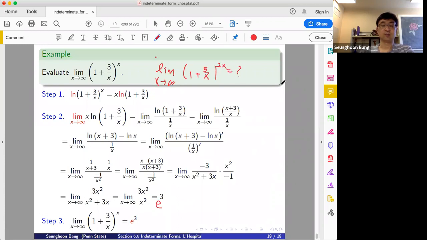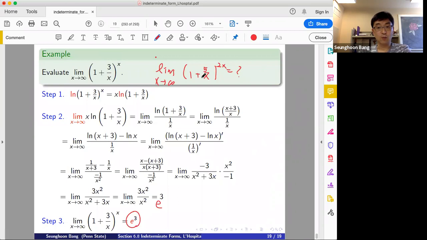What do you think? Could you write your answer on the chatting board? You can guess. Here, for 1 plus 3 over x to the x, the answer is e cubed.